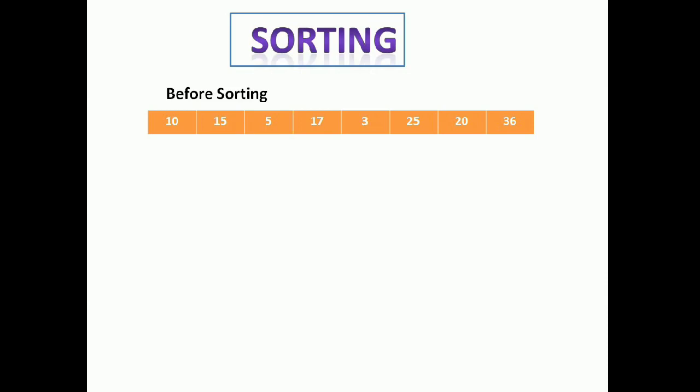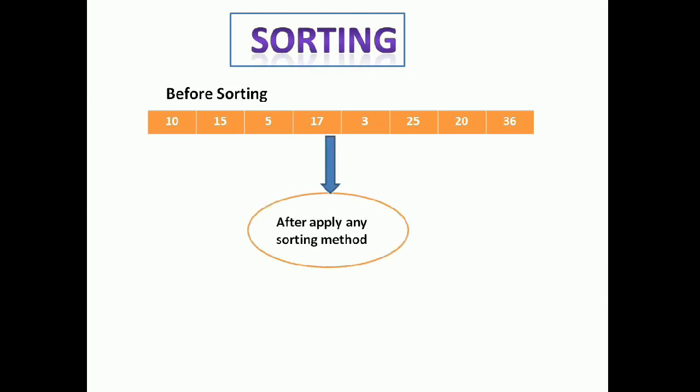Before sorting, the array consists of these elements: 10, 15, 5, 17, 3, 5, 20 and 36. Then apply any suitable algorithm, either insertion sort, selection sort, quick sort, shell sort, or radix sort, on the elements of the array.